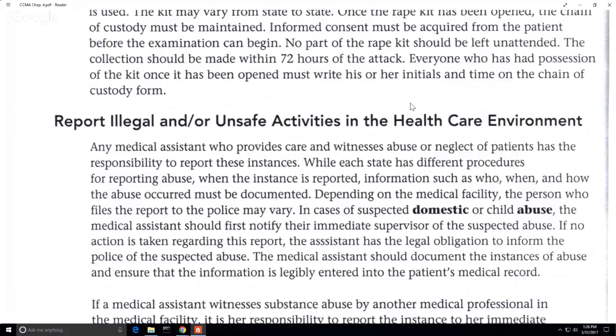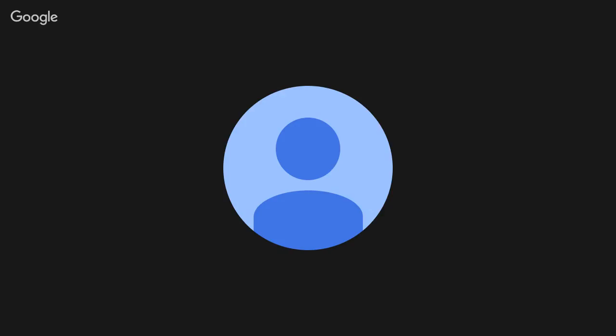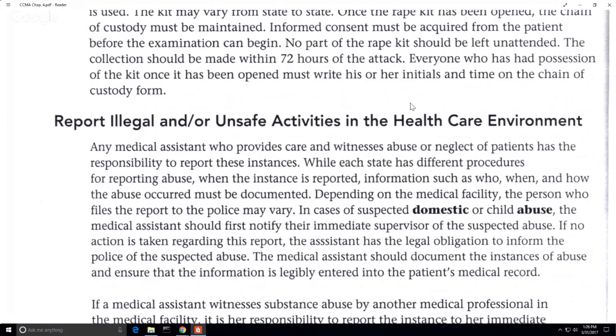Then he will be the accessory. If we don't report it to the proper authorities, then he is with the doctor. So if the doctor gets caught, then he will also be the accessory. Okay. Or if anything happens like that, report it.